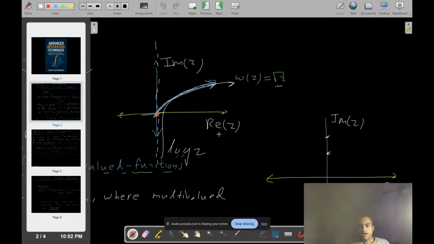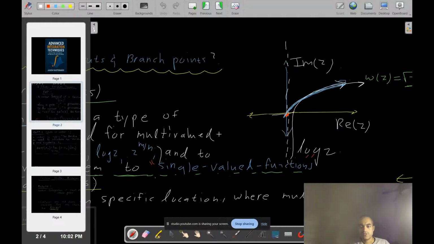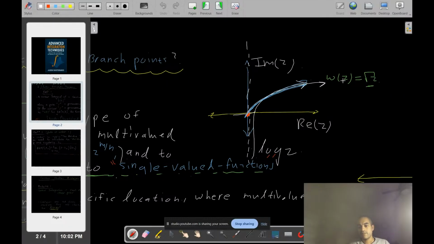We have w of z, for instance root z, which is the blue curve here starting at 0, 0 at the origin. And I also have log z, which is this one going up like that.